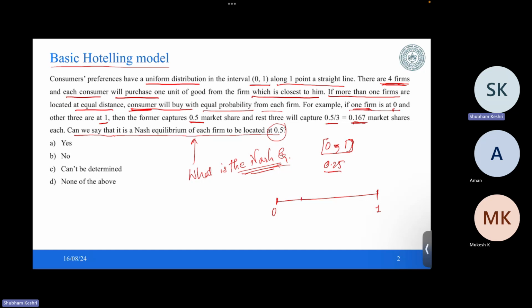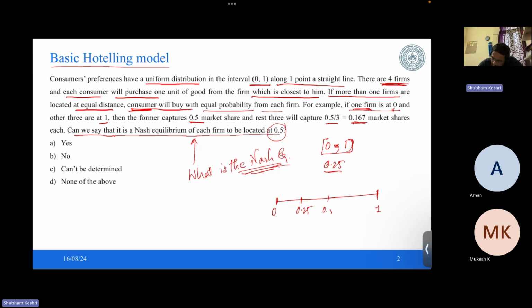Now you see, if you divide this section in 4 parts, 0.25, 0.5, 0.75, and 1, these 4 regions are equally divided. And if each of the firms is situated at the midpoint of these regions, these are the firm's locations, then each firm will have a market share of 25%. So this will be the answer.